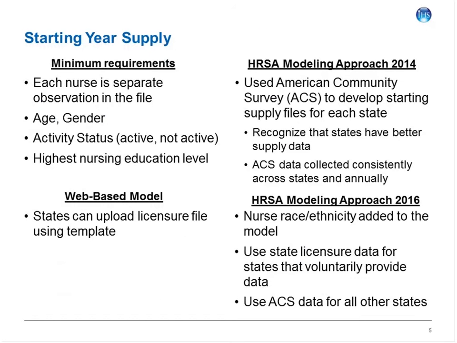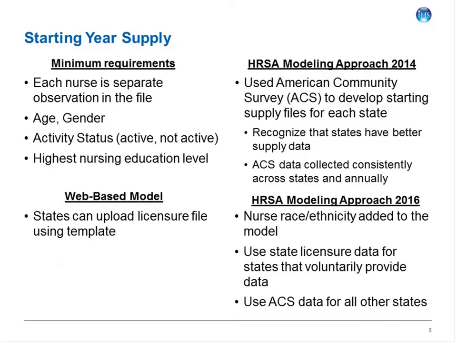Okay, so the model starts with the beginning year supply. And the minimum requirements are each nurse is a separate observation in the file, so one record per nurse. At a minimum, we need their age and their gender, and we need their activity status, so are they active or not active, and then their highest educational attainment.